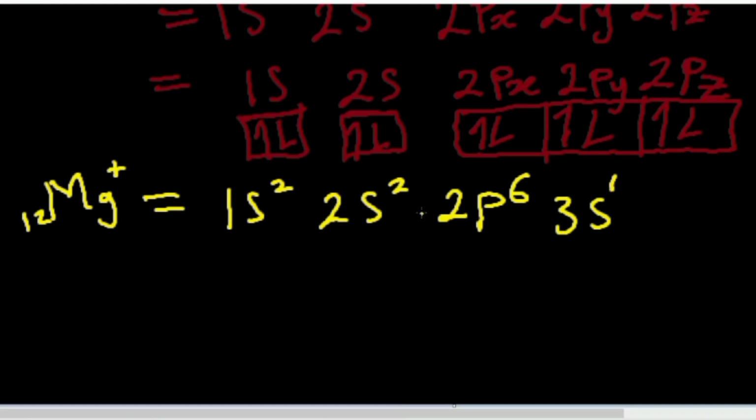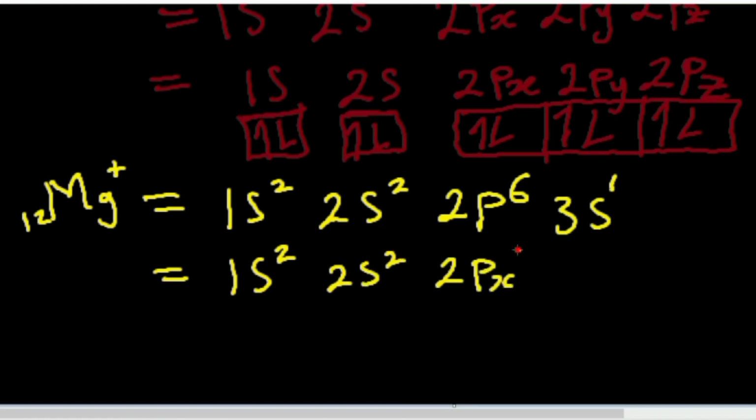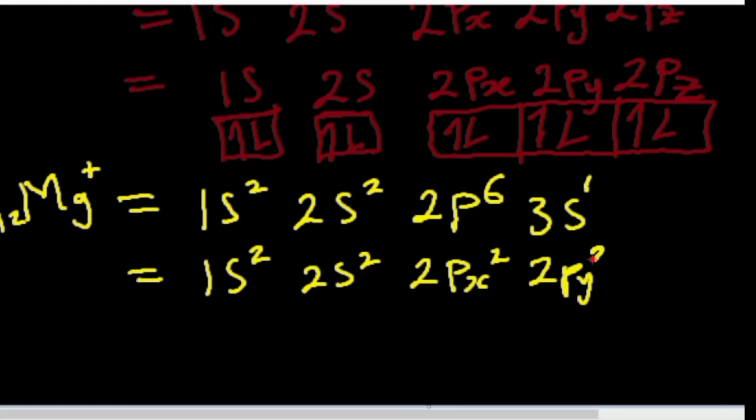Okay, so you get the configuration to be 1s2, 2s2, 2px2, 2py2, 2pz2, 3s1.